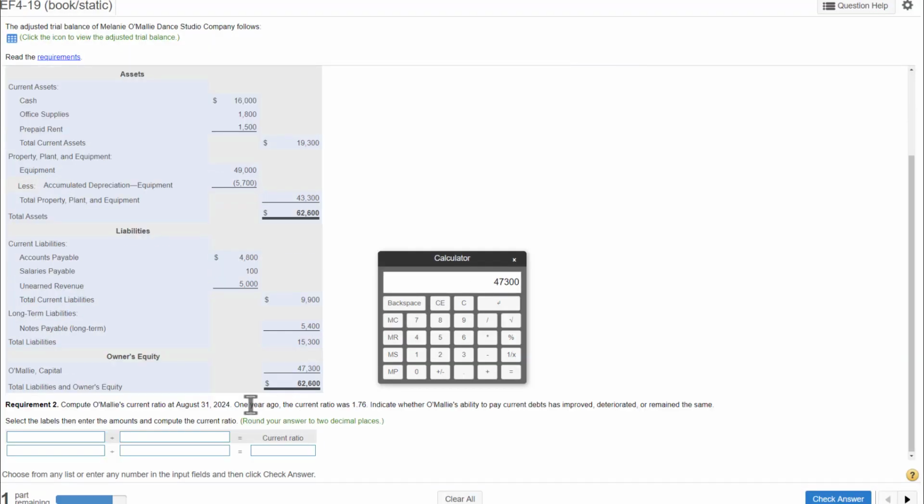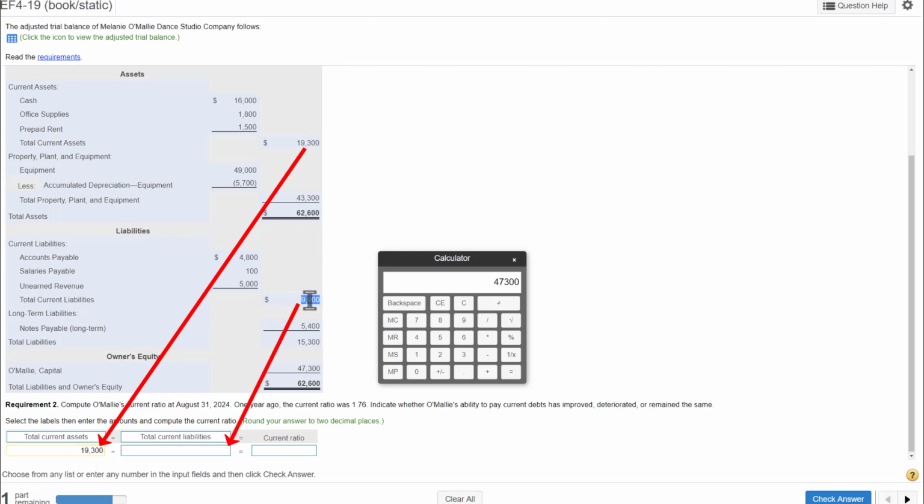Excellent. One more thing. Compute O'Malley's current ratio. 1 year ago it was 1.76. Indicate whether it's improved, deteriorated, or remained the same. So the formula is total current assets divided by total current liabilities. So total current assets is 19,300.